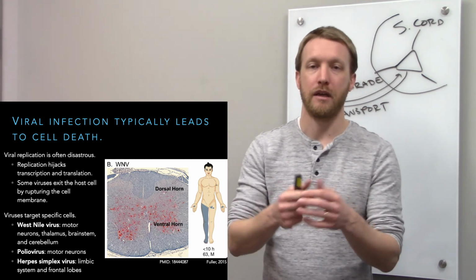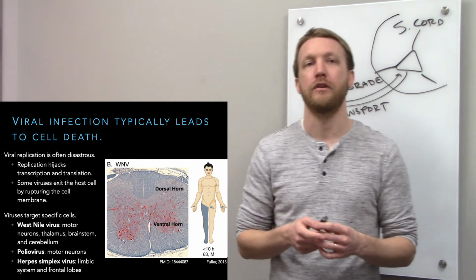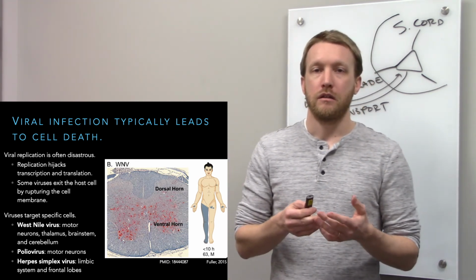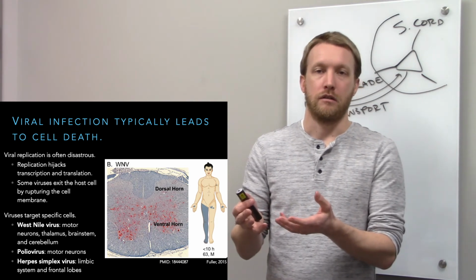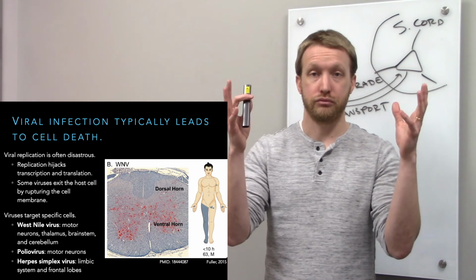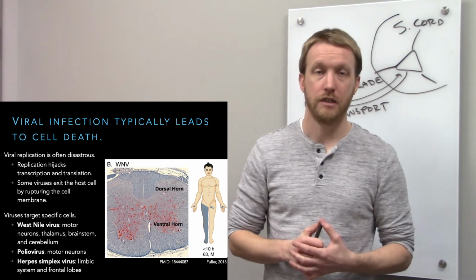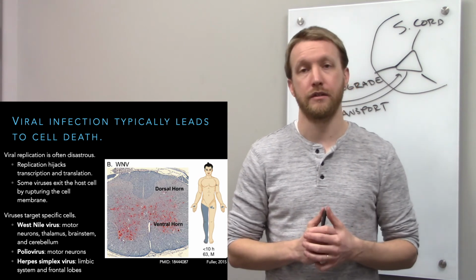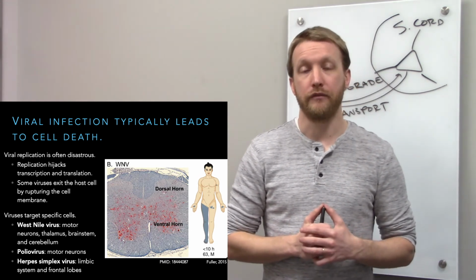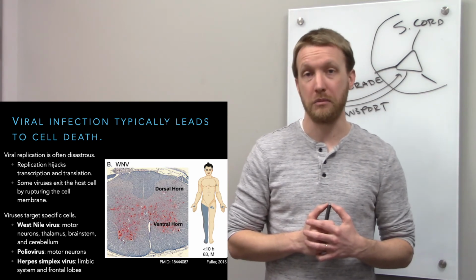If it has a DNA-based genome, it'll use the host DNA polymerase to copy itself. But it needs a host cell. After the host cell has done its job of making enough of the virus, the cell ruptures, releasing the virus. So clearly not a good thing, because neurons are irreplaceable. So any viruses that can affect neurons will eventually kill them off.